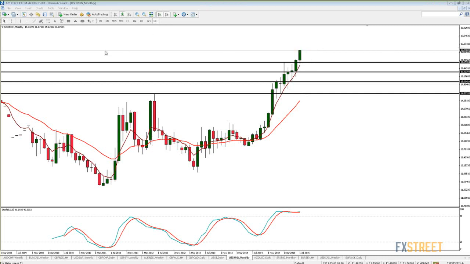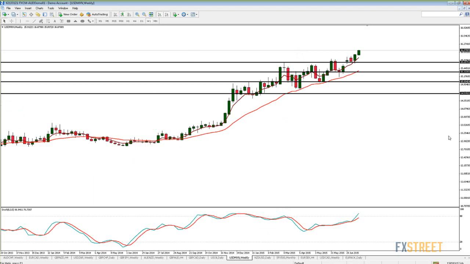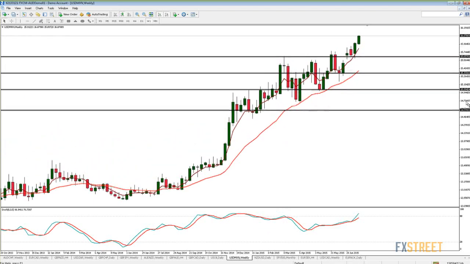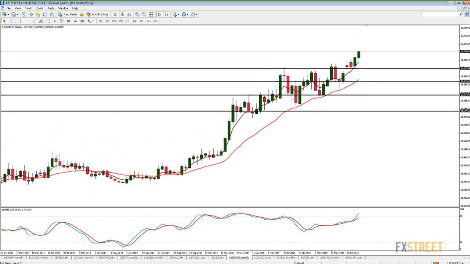So what will that look like on a weekly? It's likely to look something like this. Then a little tricky little candle. Maybe it looks like that, with a little red on the bottom.